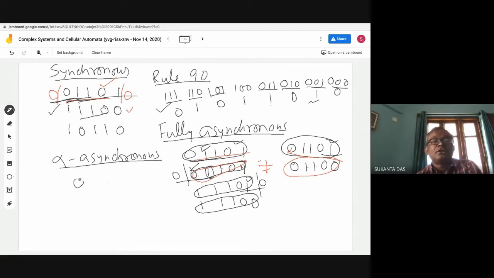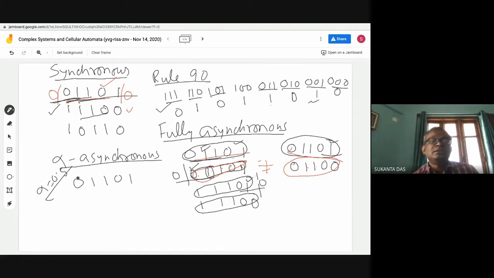It is again null boundary condition, right? Here alpha says the probability. Suppose alpha equal to 0.5. I mean, almost half the number of cells will be updated.